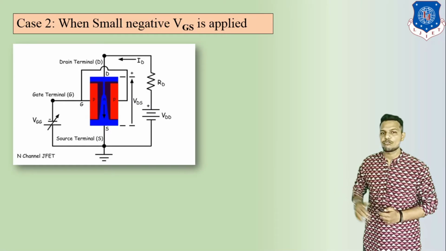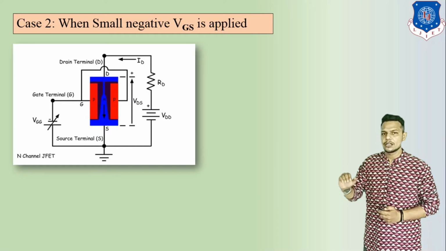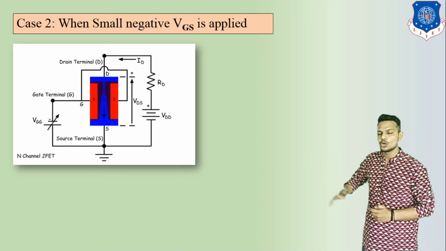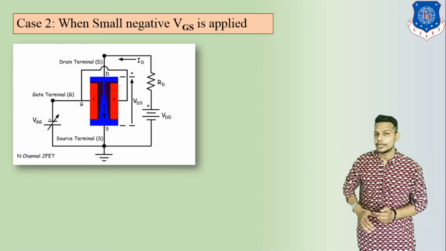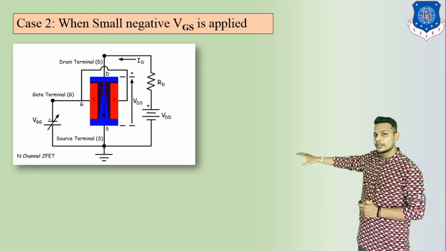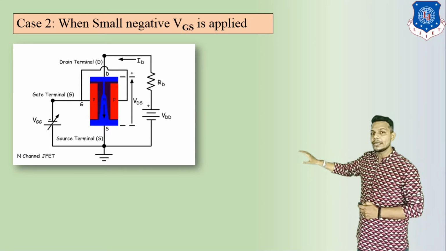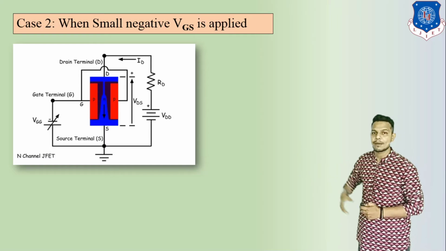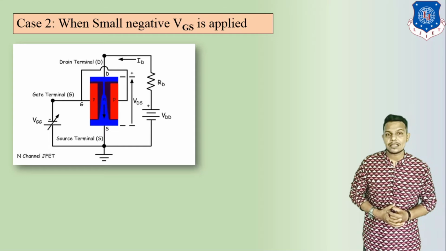Case number 2, that means when a small negative VGS is applied at the gate terminal, gate to source voltage. Now remember this thing, VGS should be reverse biased, so we are going to connect it with reverse bias. And how does it become reverse bias?